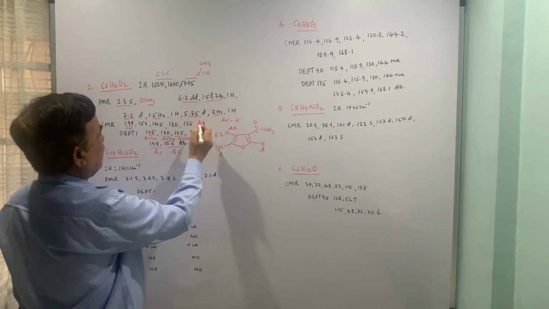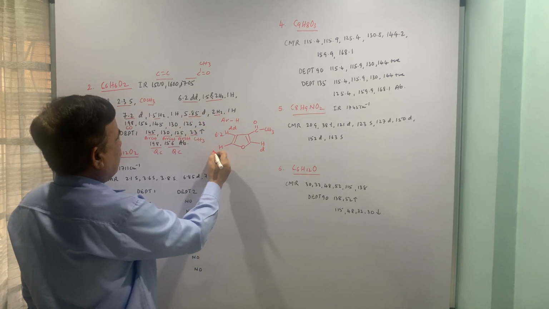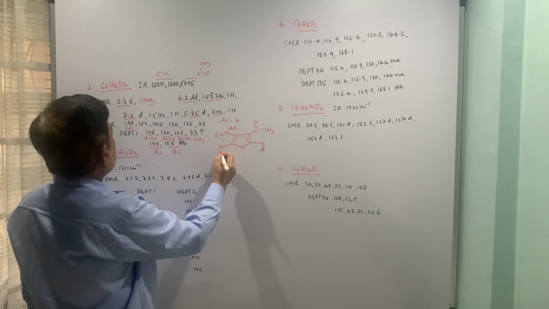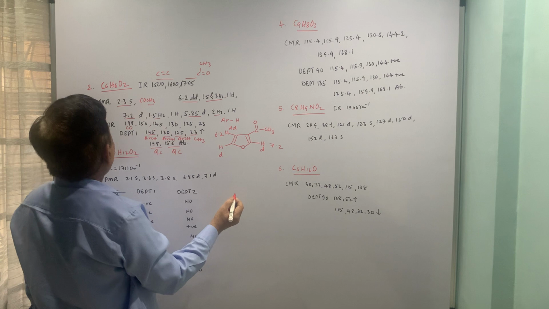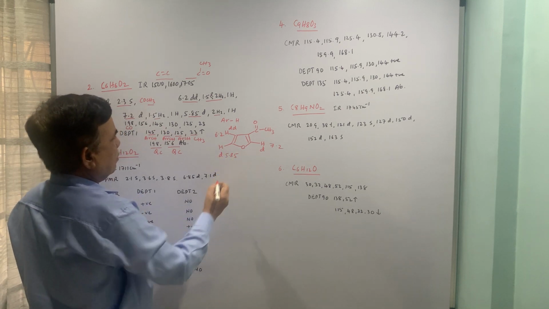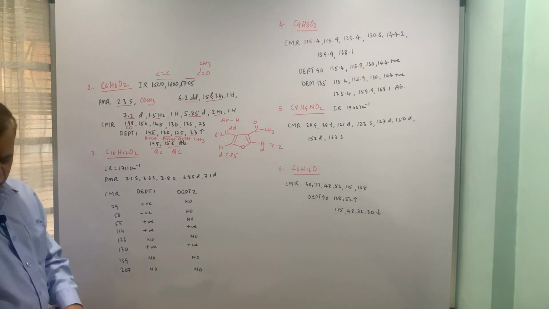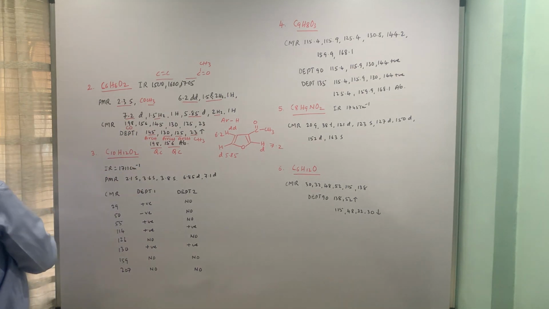Then 5.85 and 7.2. 7.2 is probably this one, and 5.85 is this one. That is your furan derivative, and that is how the structure is.